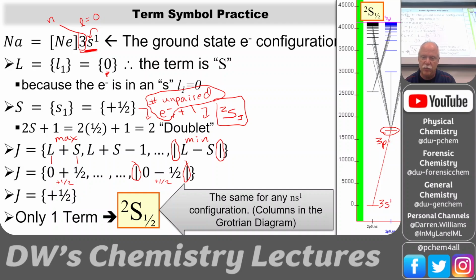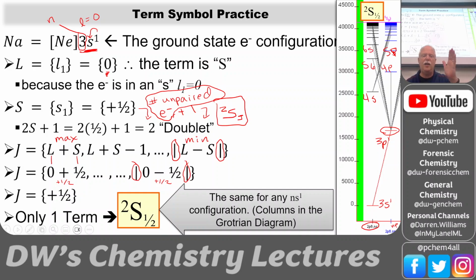So this is the 3s1, and this is the 3p1. So see down here, this is the 2p6 ns, and this is the 2p6 np. So 3p, then 4p, 5p. This is the 3s, this is the 4s, 5s, 6s.